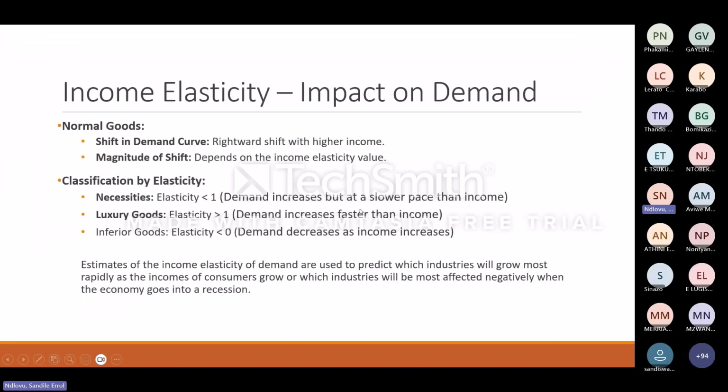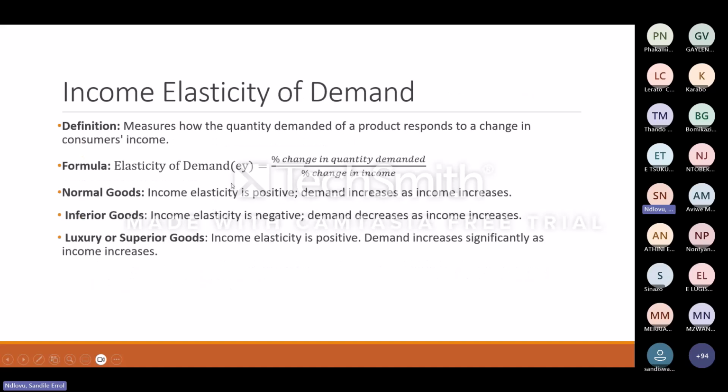All right, so for necessities, the income elasticity value is less than 1. So it might be 0.2 or 0.5 or 0.9, okay? The actual figure, because remember we were talking about this formula, the demand elasticity formula, is percentage change in quantity demanded over percentage change in income. So that gives you a figure.